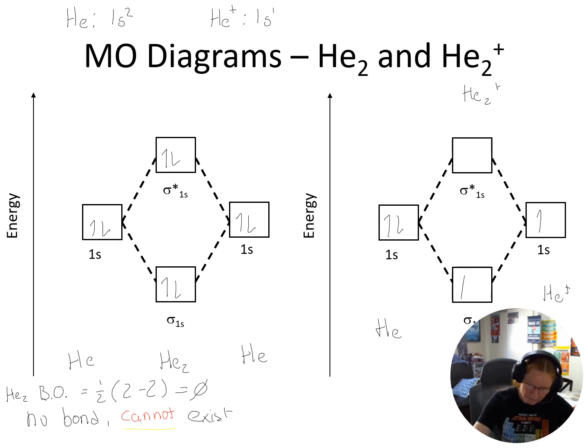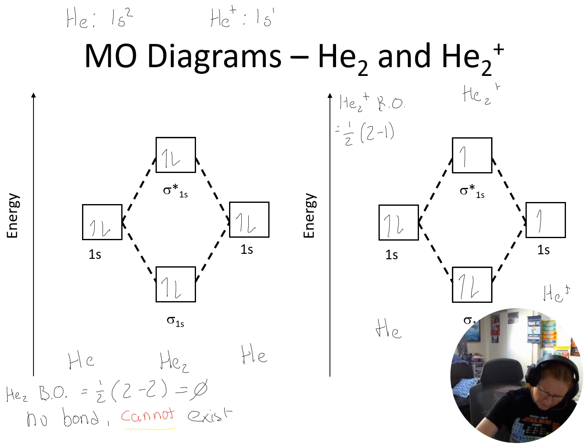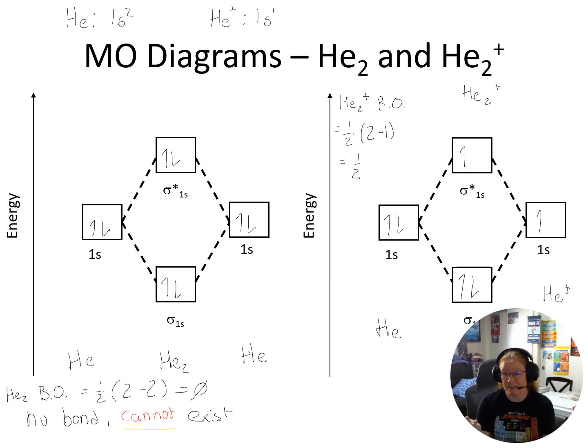I have 3 electrons: 1, 2, 3. Our bond order is 1/2 of 2 minus 1, which gives us a bond order of 1/2. So technically speaking, this ion could exist.